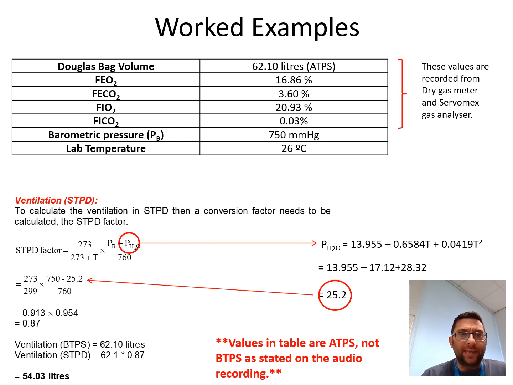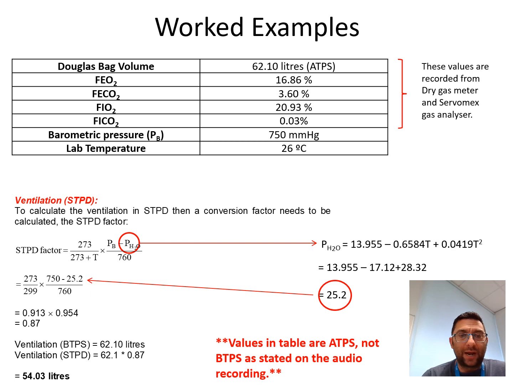In order to calculate the STPD factor, that's calculated as 273 divided by 273 plus T. That 273 is temperature in absolute Kelvin. That's a constant. It doesn't change irrespective of the calculations and these values up here. That will always remain 273. T refers to temperature in the lab.